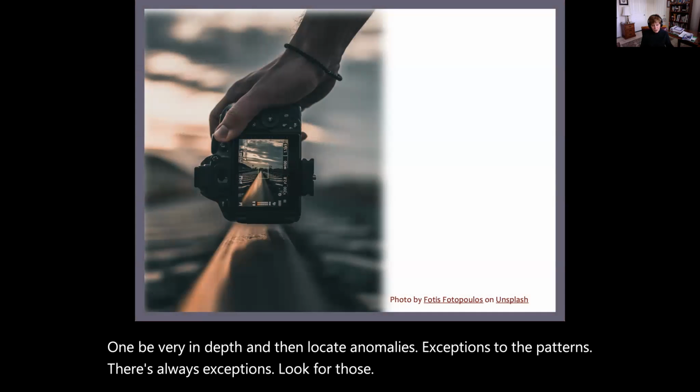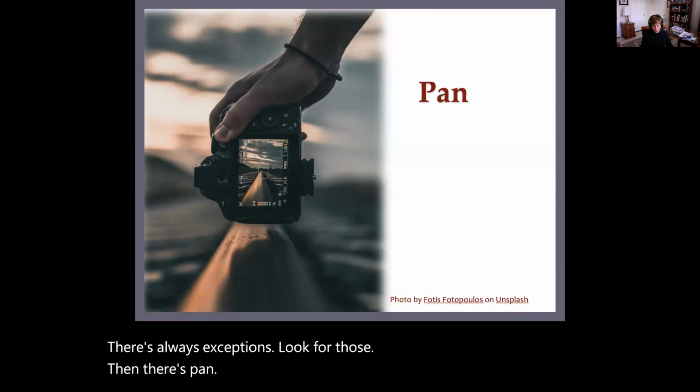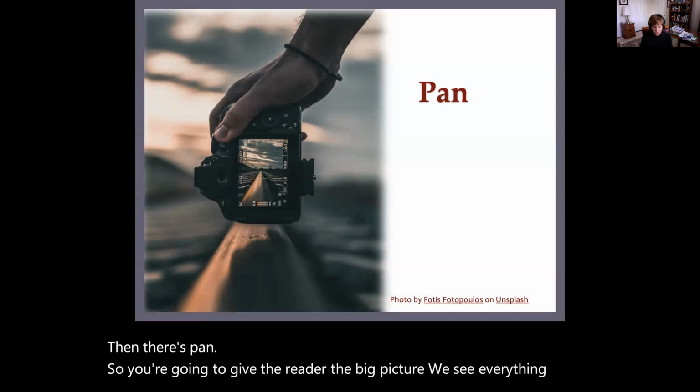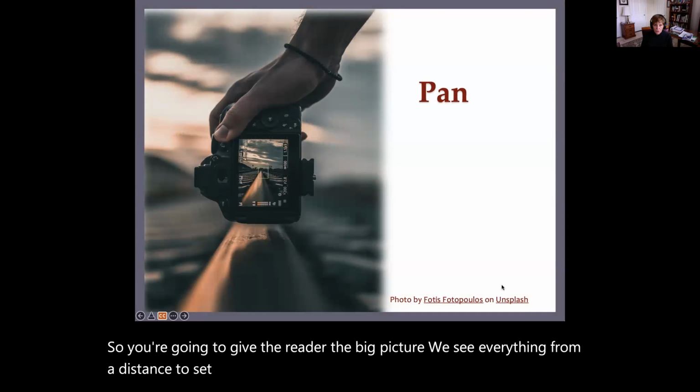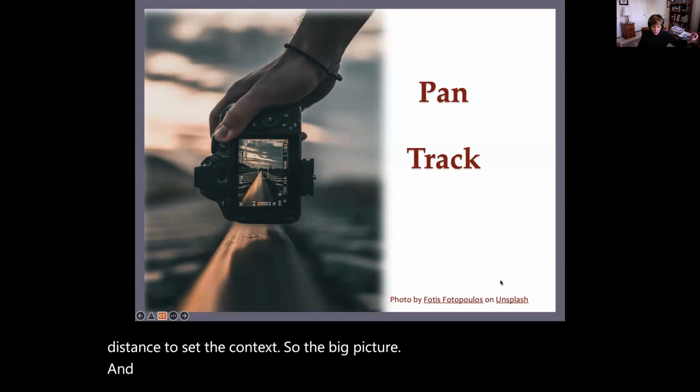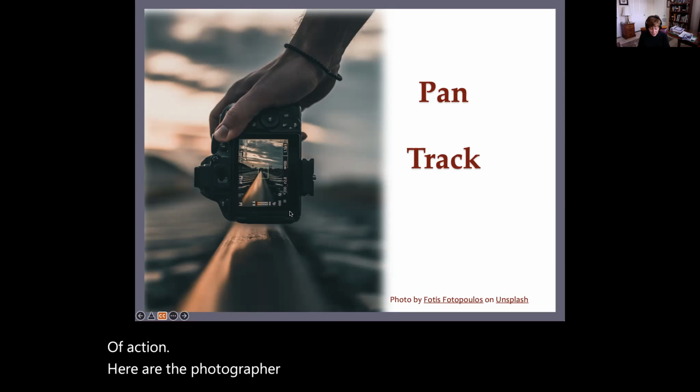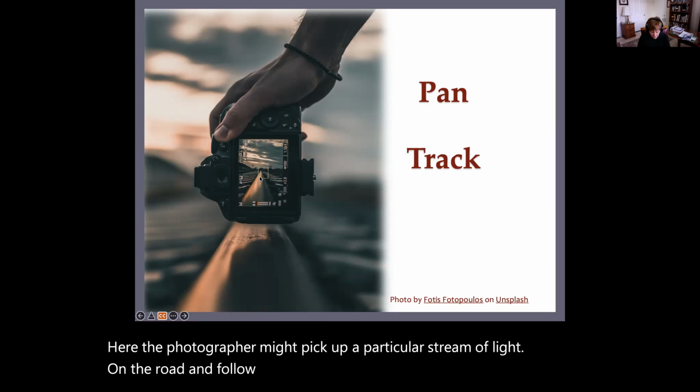Okay, then there's pan. So you're going to give the reader the big picture. We see everything from a distance to set the context. So the big picture. And then you're going to track. The camera follows some sequence of action. Here, the photographer might pick up a particular stream of light on the road and follow it with the camera, but later focus on the light in the sky.